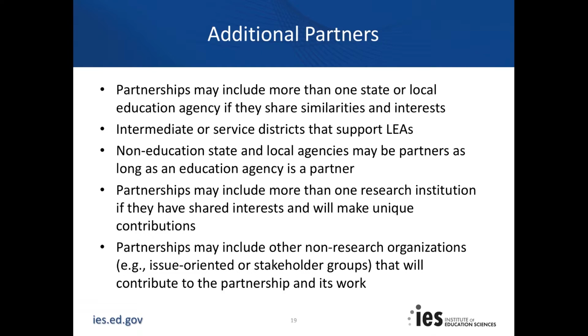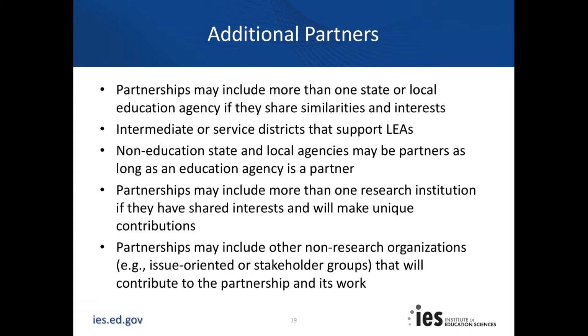Non-education state and local agencies may also be useful partners, as long as the education agency is also a partner. If you're looking for a specific population, for example, foster children, the education agency would be a partner, but you also might want to include the social service agency that works with foster children.